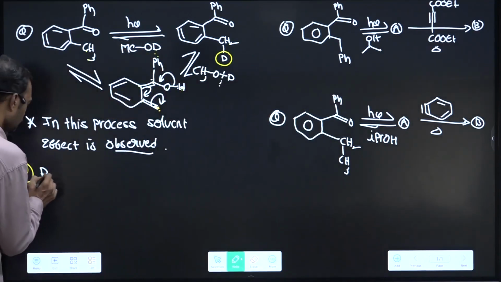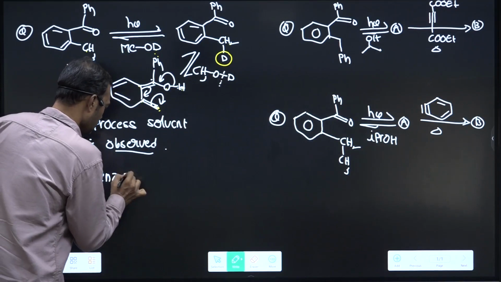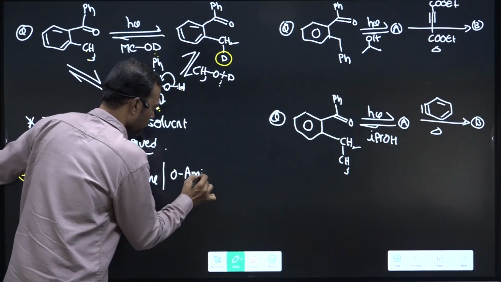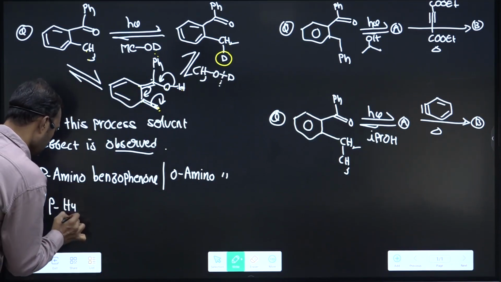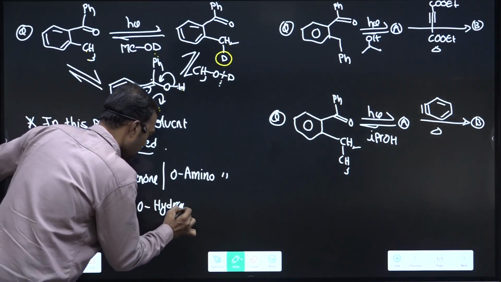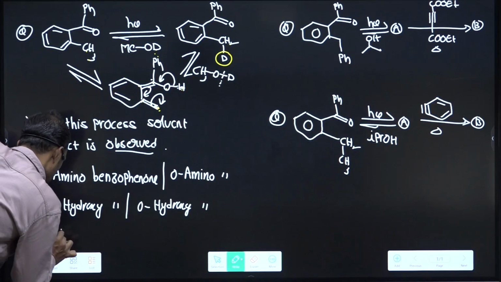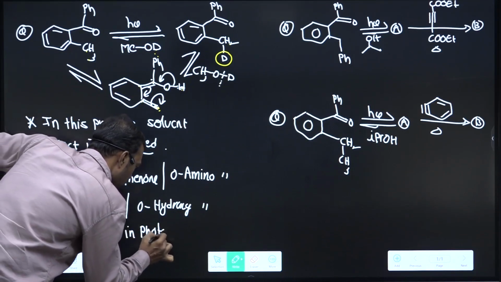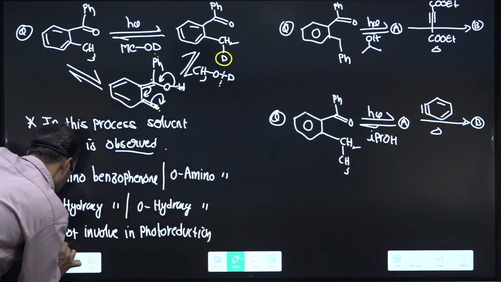Next, para-amino benzophenone or ortho-amino benzophenone, or para-hydroxybenzophenone, ortho-hydroxybenzophenone. These all do not get involved in photoreduction in the presence of polar solvents.